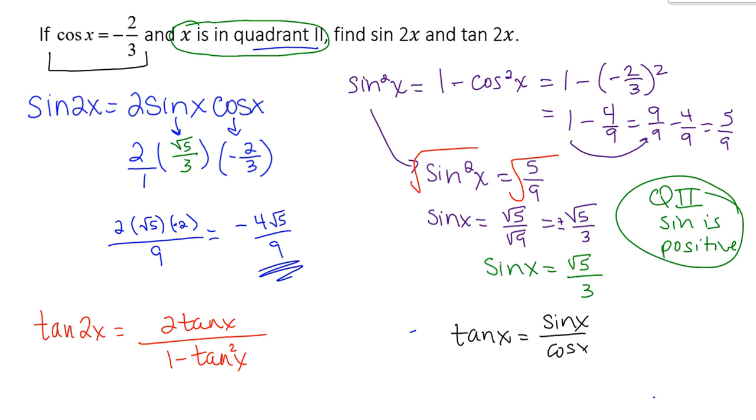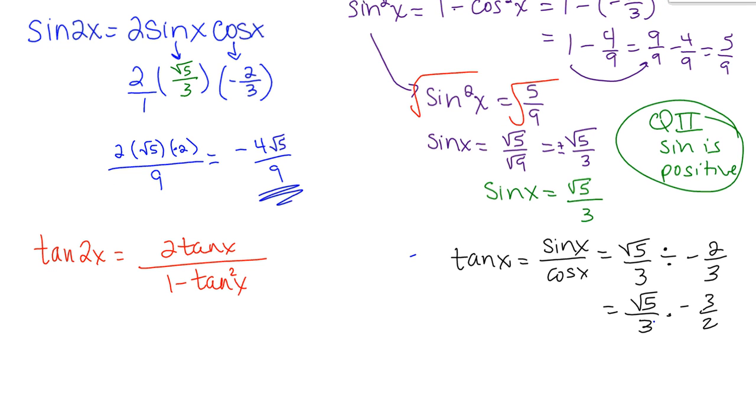If we're sticking with identities, that would be square root of 5 over 3 divided by negative 2 over 3. Square root of 5 over 3 times negative 3 over 2. Those 3's are going to cancel. We're going to end up with negative square root of 5 over 2. That's the tangent of x.